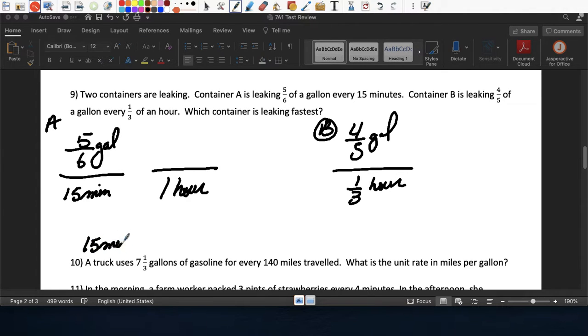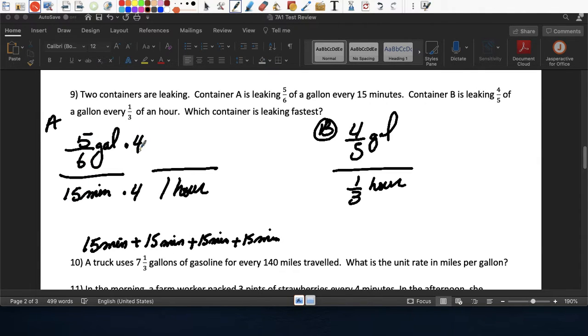15 minutes. If I go another 15 minutes, that's 30 minutes. If I go another 15 minutes, that's 45 minutes. If I go another 15 minutes, guess what? Now I have 60 minutes. Right? So I can multiply this by 4. And 15 minutes times 4 becomes 1 hour, which allows me to do the same thing on top.